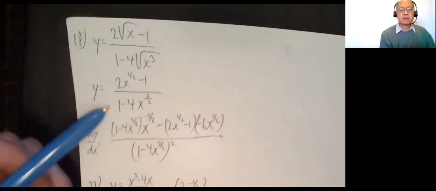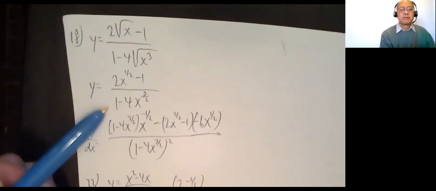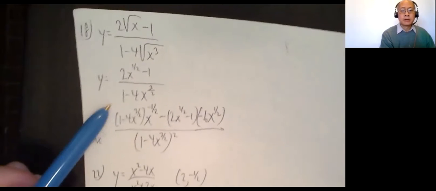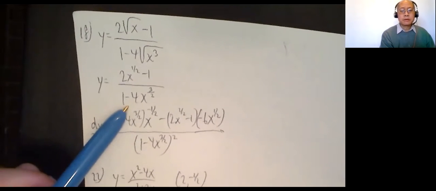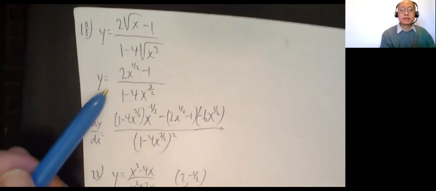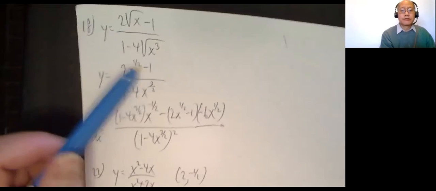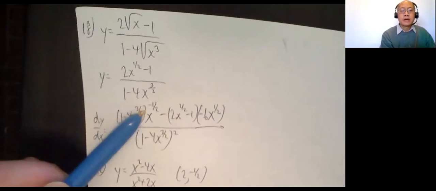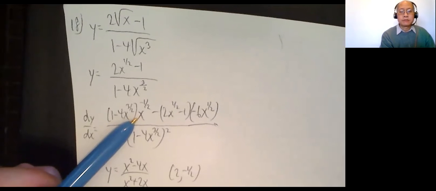All right, so here we go. dy dx means derivative. Bottom times the derivative of the top. Derivative of the top is 1/2 times 2, which is 1, x to the negative 1/2.